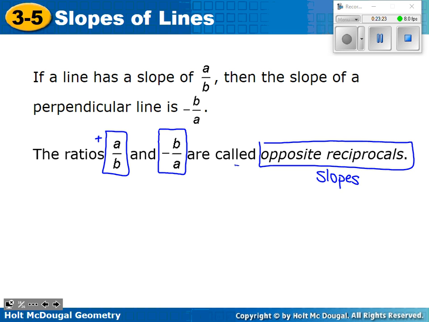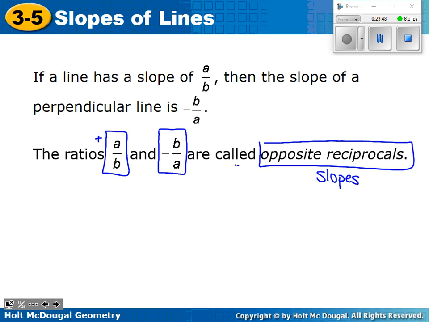Does that make sense? Okay, what about if I have a slope of -2? What's the perpendicular slope? Who said 1/2? Very good, Michelle. It needs to change from negative to positive. And then what is 2 as a fraction? 2/1. So the perpendicular slope has to have the reciprocal slope.